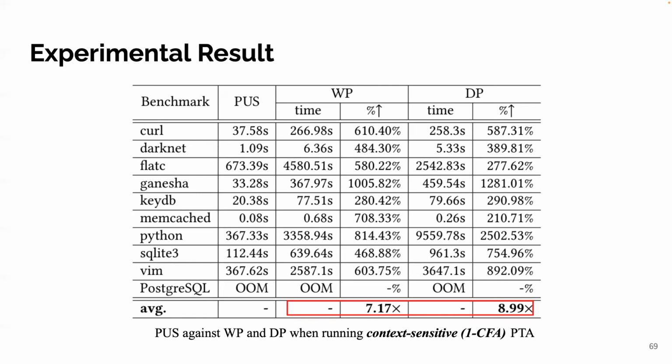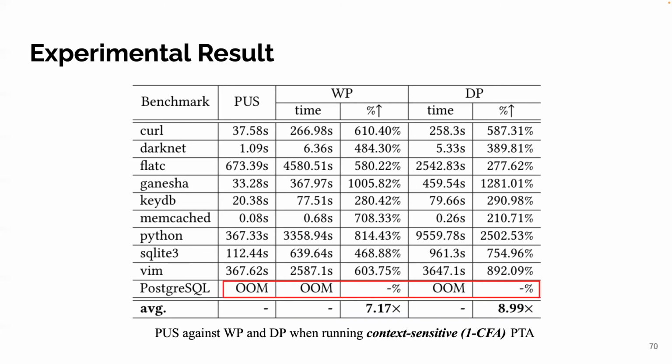This is because context-sensitive points-to analysis always yields a more sparse constraint graph, as it will use multiple nodes and edges to represent the same variable under different contexts, which means the effective subgraphs are even smaller when compared to the context-insensitive ones.